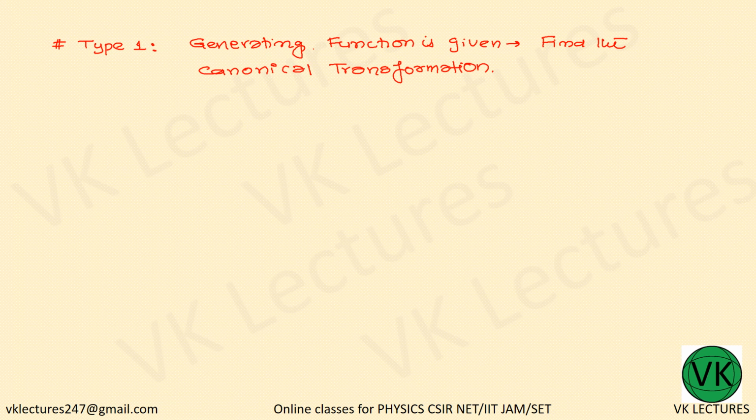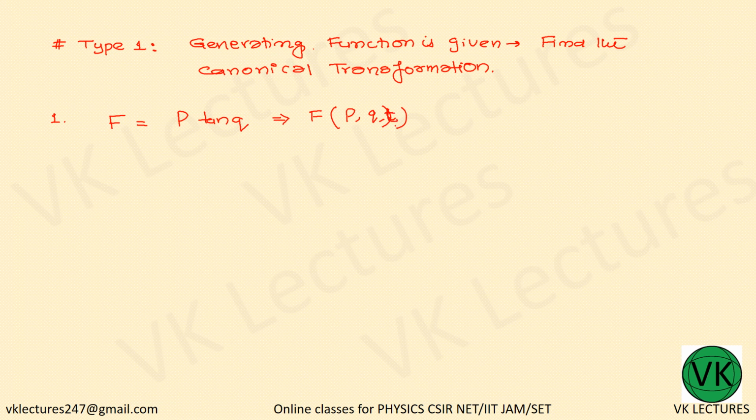Now the first question is regarding the generating function F is equal to capital P tan small q. So this is the generating function which is a function of capital P and small q. Okay, and obviously there would be t, so it's capital P, q and t.